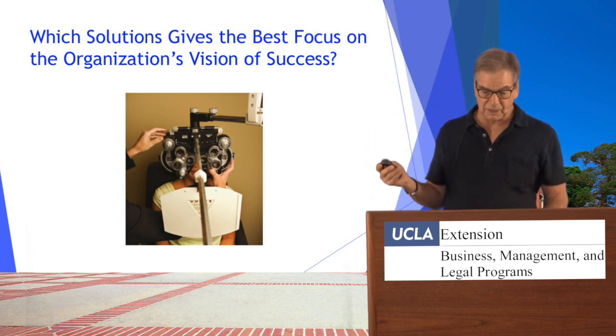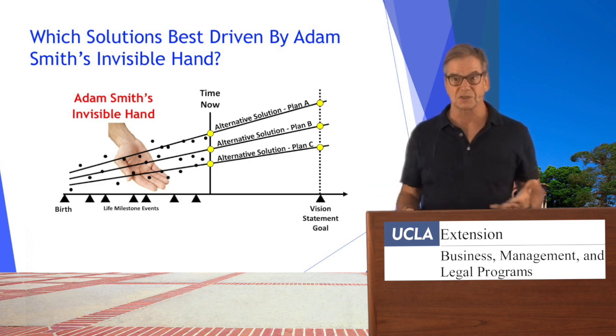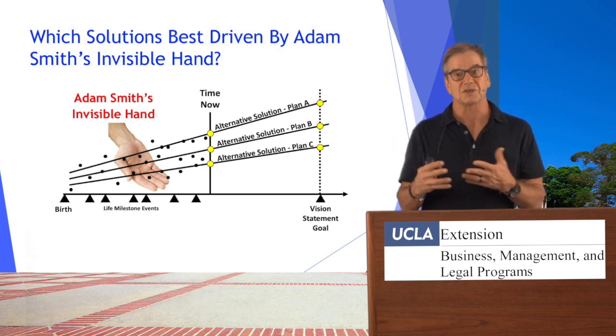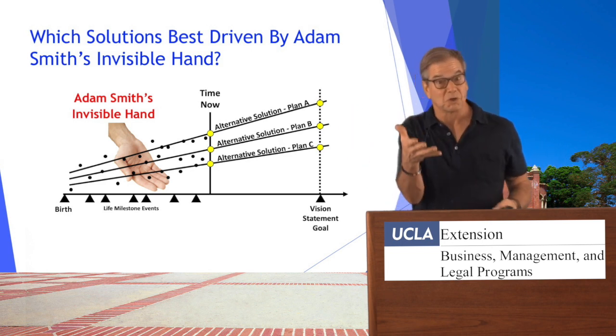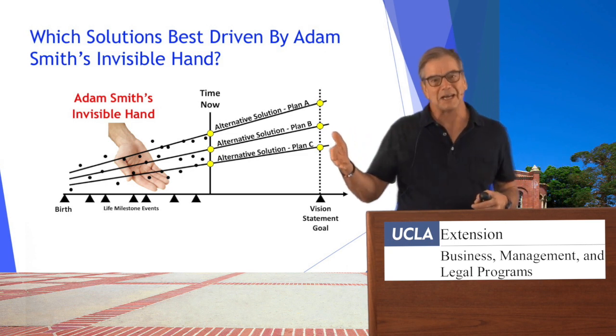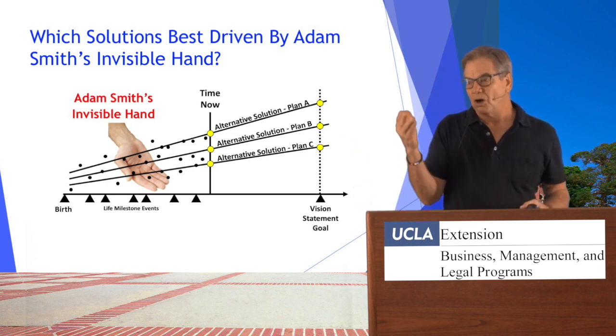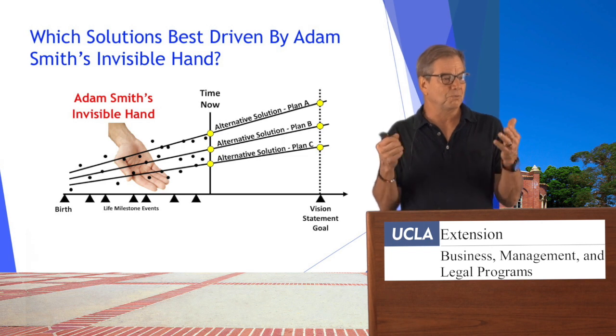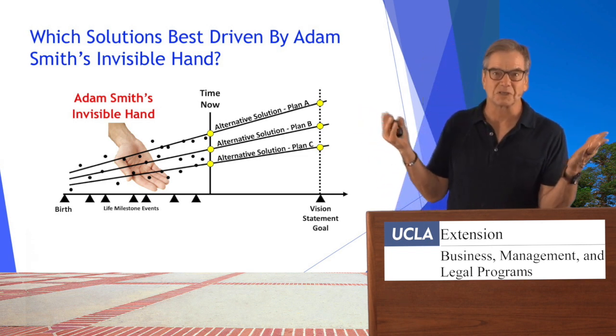And so by doing this, we can start to see, and this is what we're looking for, by the way, Adam Smith's invisible hand. Our life does not come with an instruction manual.